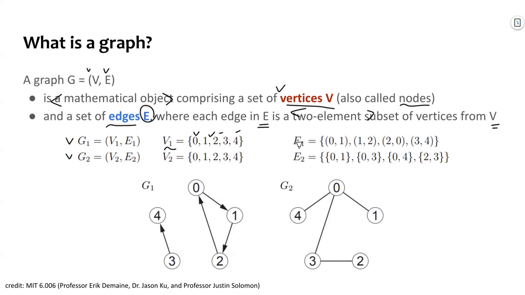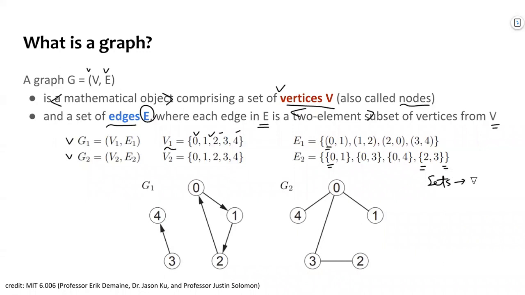In the case of G1, we use parentheses. However, for E2, we use curly braces to represent edges. And as you know, curly braces are used for representing sets. And what is one of the most important properties of sets?